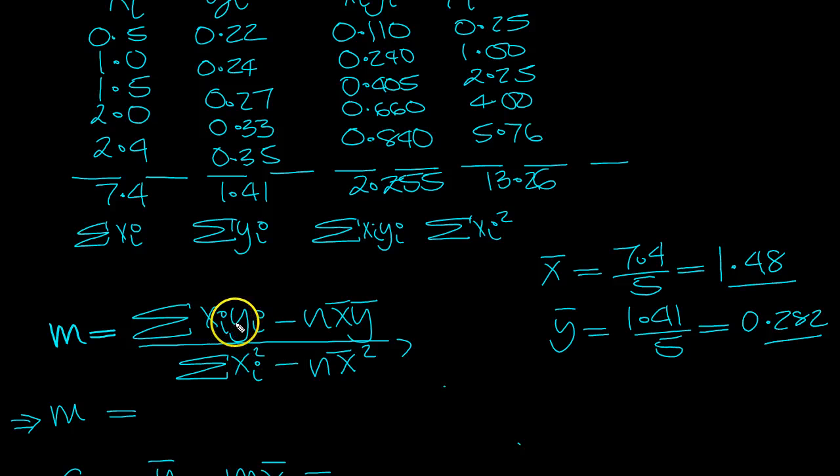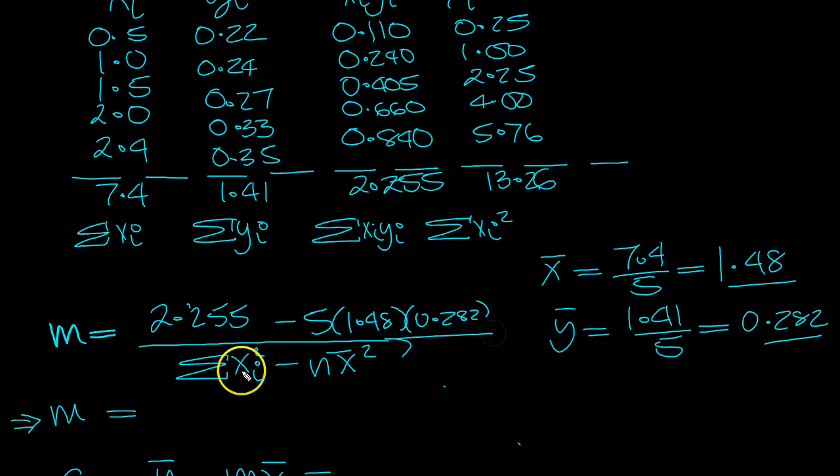So m, summation of xi yi, 2.255 then. Let's put that in. 2.255 minus n, which is 5, x bar, y bar, minus 5 times x bar times y bar, over the summation of the xi squareds, which is 13.26, 13.26 minus n, which is 5, times x bar squared, 1.48 squared.